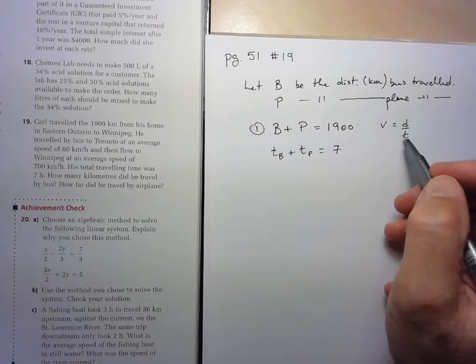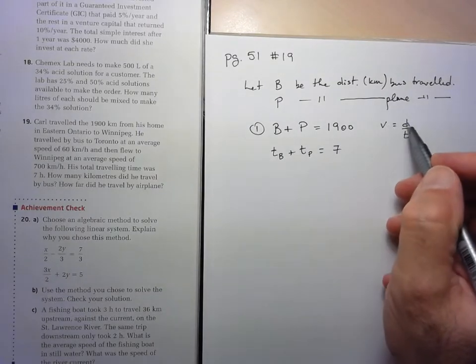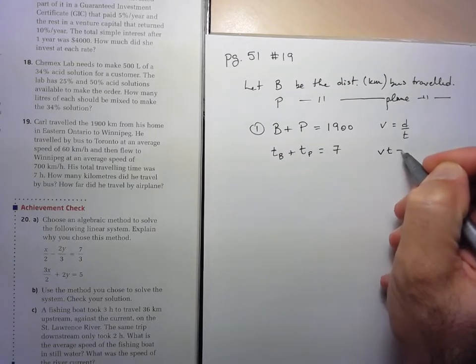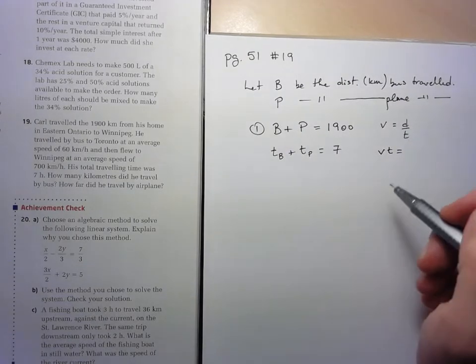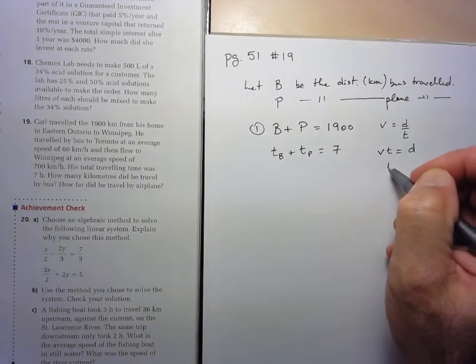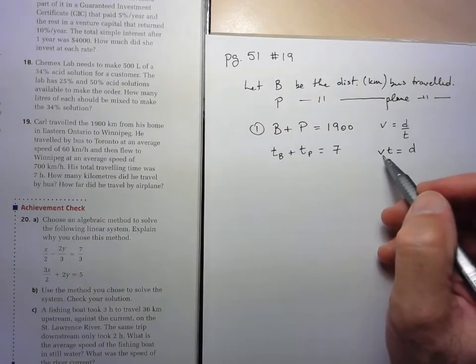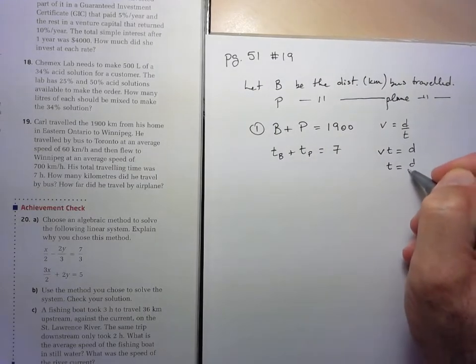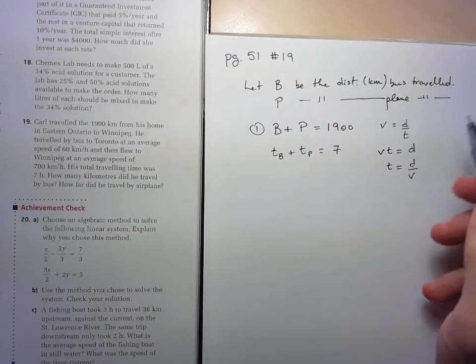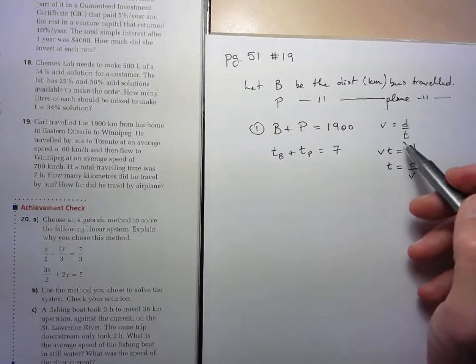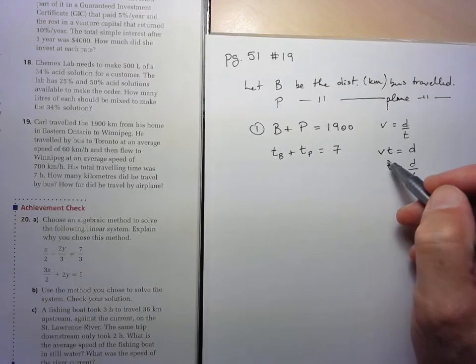The first thing I can do is multiply t to both sides of the equation. So I'm going to end up with v times t equals, getting rid of this t on the right-hand side. And if I want to solve for t, I'm just going to divide both sides by the speed. Okay, so all we did was rewrite this equation, which is our relationship between speed, distance, and time. I just rewrote it, so now I've isolated for time.